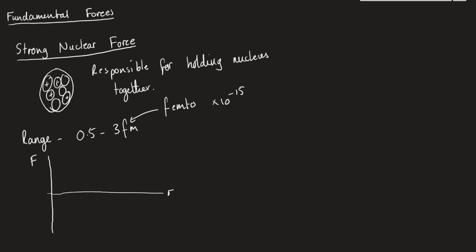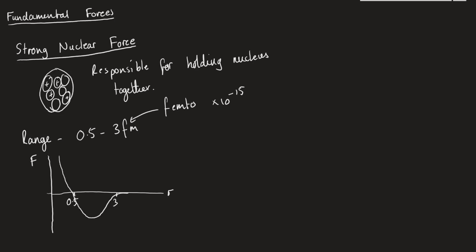Let's say this is 0.5 and this over here is 3. The shape that this force is going to have is going to come down from up here. It's going to cross the axis at 0.5 and come and level back up at 3 and go along that line.